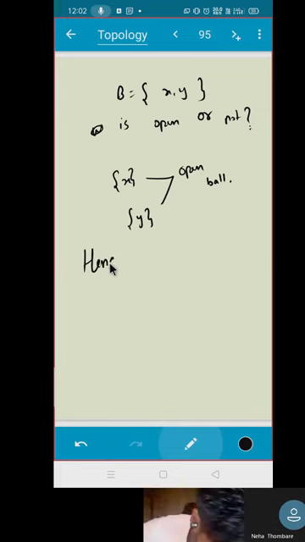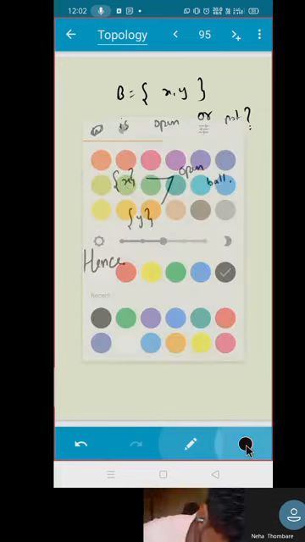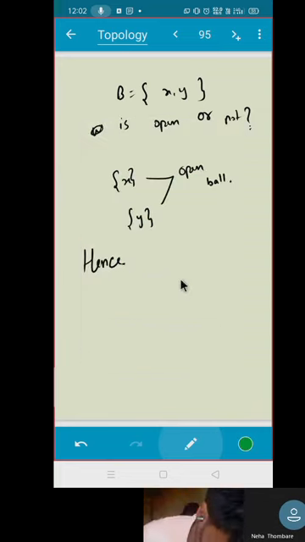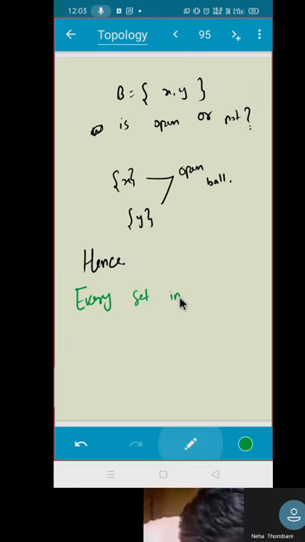Hence, what can I say? Every set in a discrete metric space is an open set.